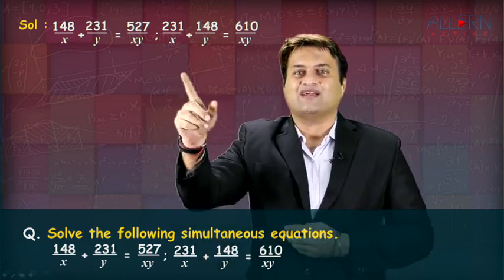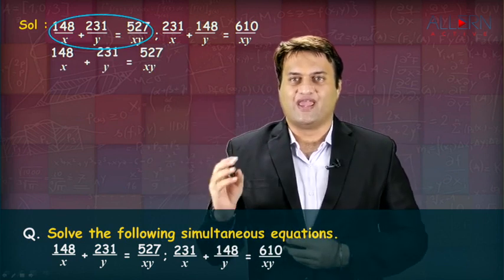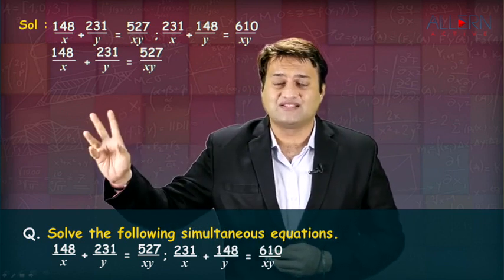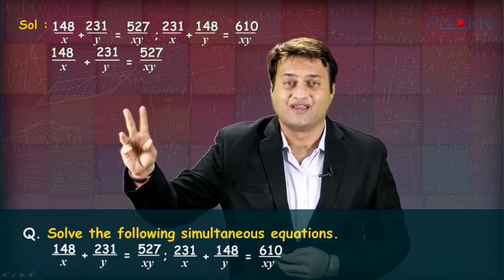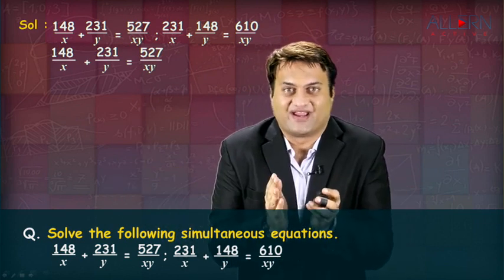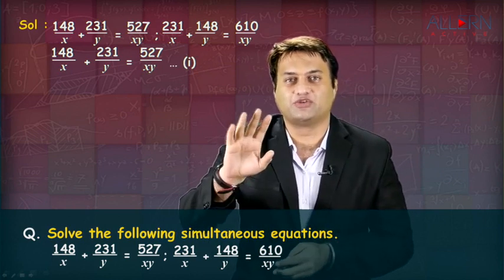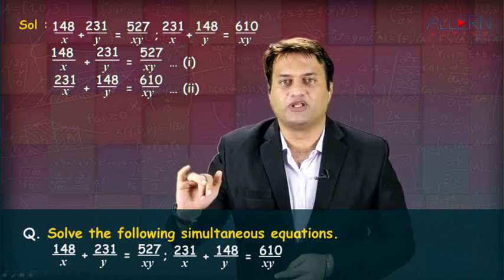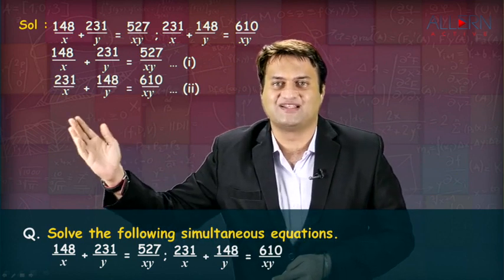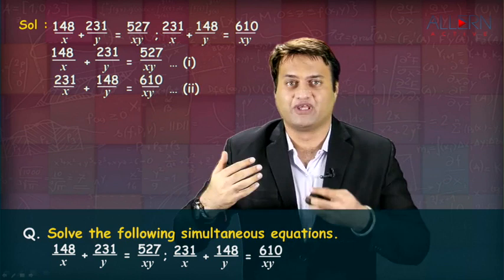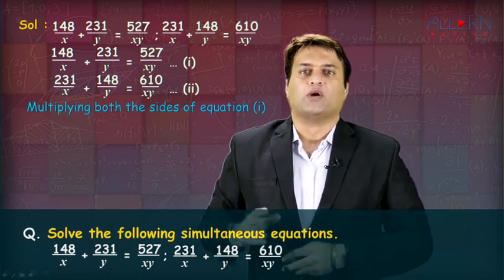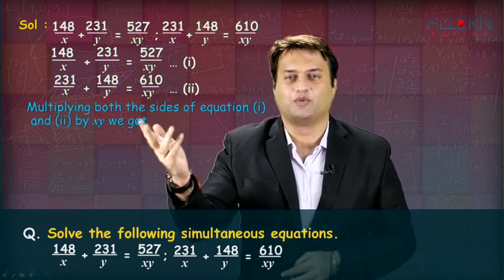Now the denominator is x, y and xy, so the LCM is xy. So we can multiply throughout by xy to equation number 1, and similarly for equation number 2. So let's multiply both the sides of equation 1 and equation 2 by xy.